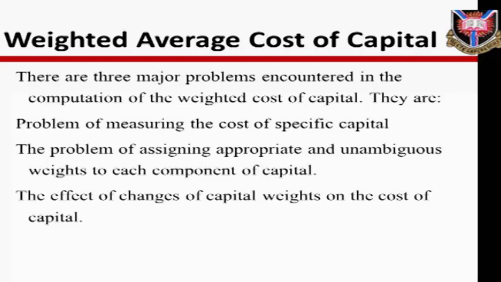Problems of measuring the cost of specific capital. 2. Problems of assigning appropriate and unambiguous weight to each component of capital, e.g., do you use market values or book values? 3. The effect of changes of capital weight on the cost of capital.